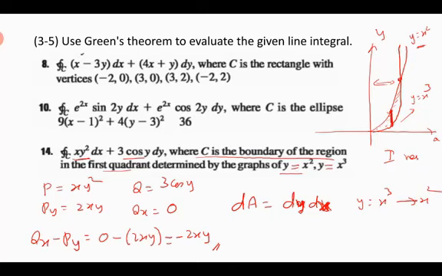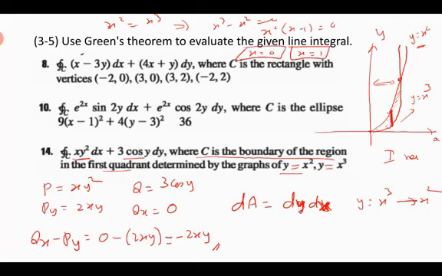Now, when both the curves meet, x square is equal to x cube, which gives x cube minus x square is 0. Take x square common, x square into x minus 1 is 0. So x is 0 and x is 1. These are the two meeting points. X values are 0 and 1.